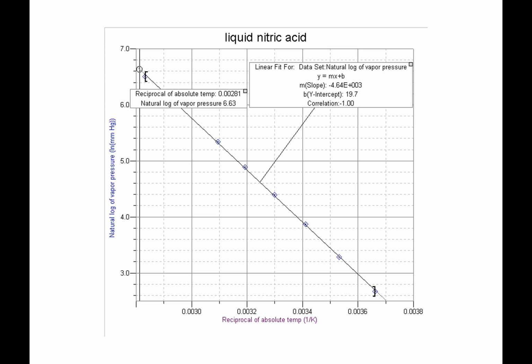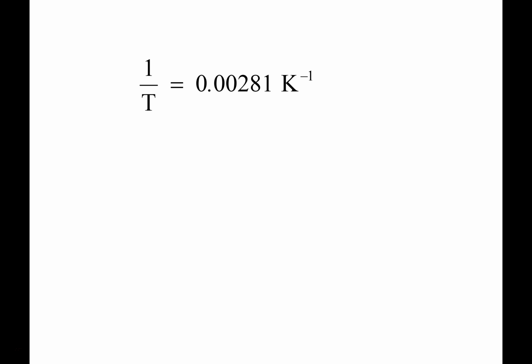So the reciprocal temperature we're looking at is 0.00281. So we're going to have to do what we did before. We're going to take 1 divided by that number to get the temperature in Kelvin. So the inverse of the temperature is that 0.00281.